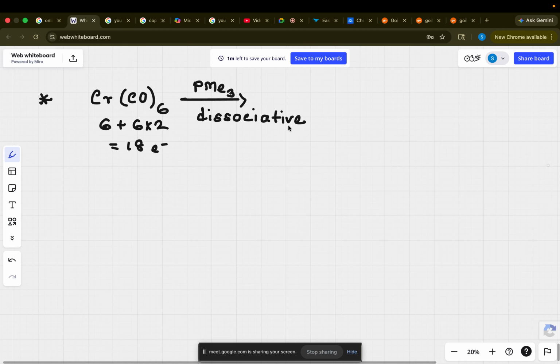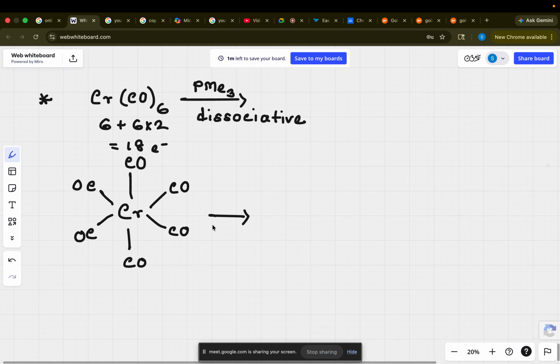Okay, so what will happen? Suppose you have this, I am drawing here. So basically it will be an octahedral complex like this. So you have carbonyl here. One of the carbonyls first of all will leave from this complex.